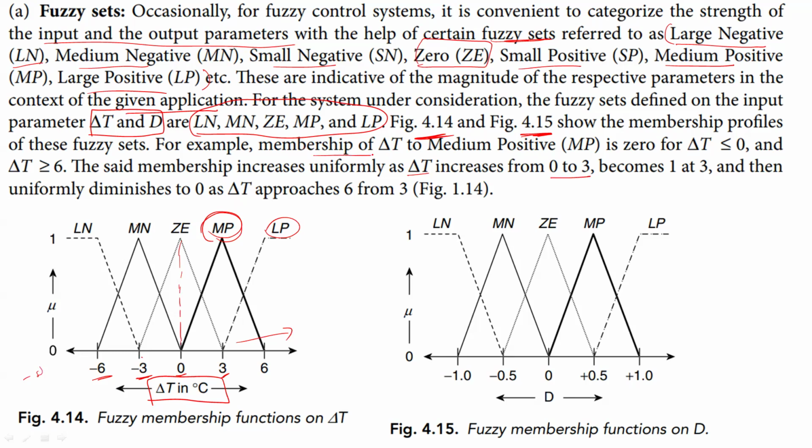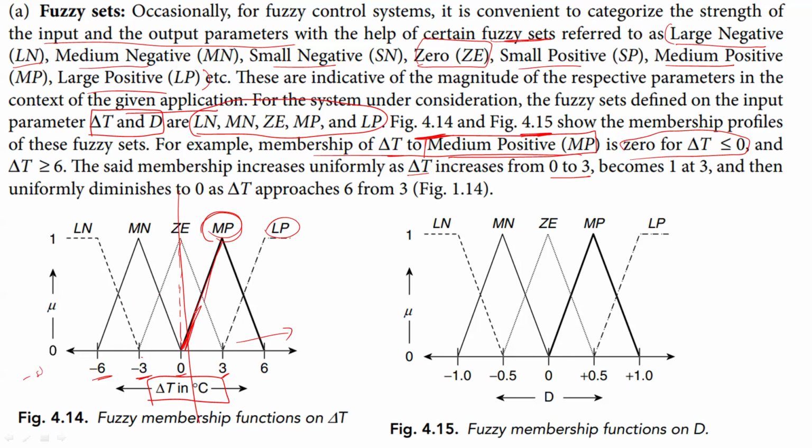For example, you're taking the membership of delta T in medium positive. The membership of delta T in medium positive is 0 for delta T less than or equal to 0. Whenever the delta T value is less than or equal to 0, you can see that medium positive starts from 0. See this graph? It starts from here. Beyond this point, where delta T is less than or equal to 0, you don't have any membership there.